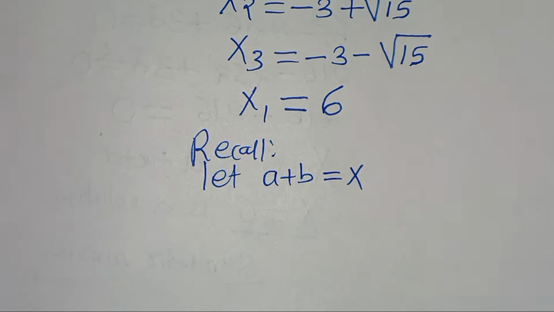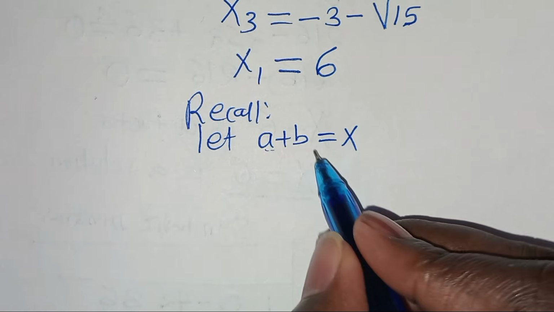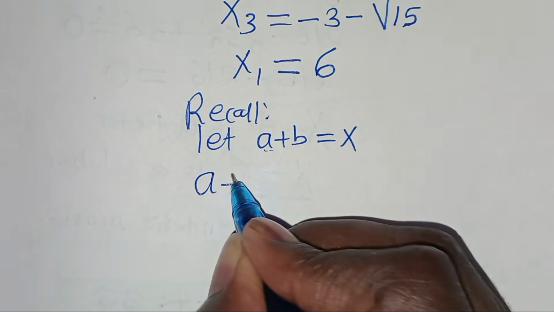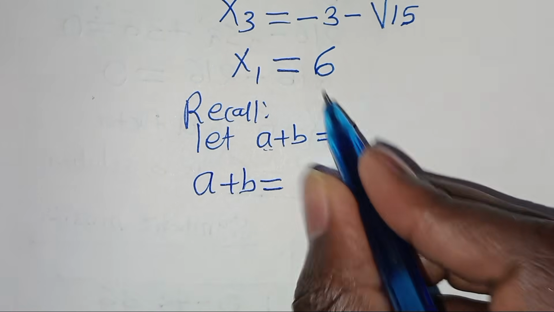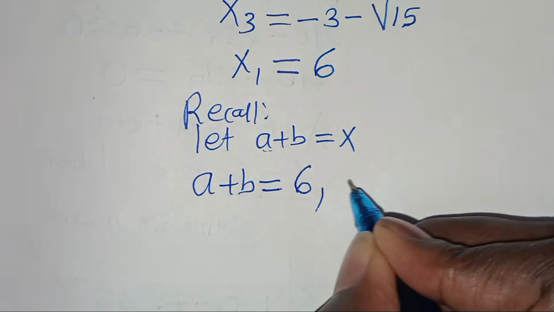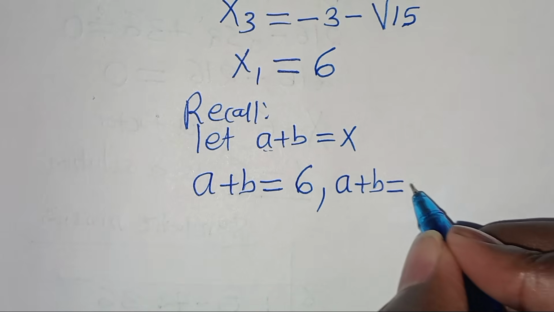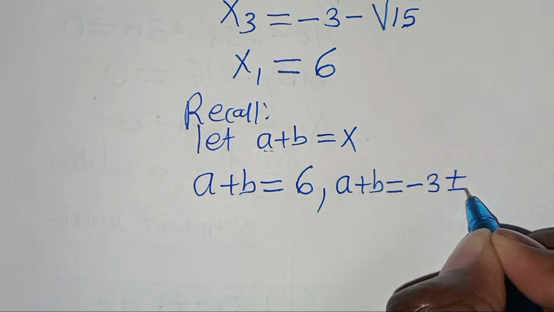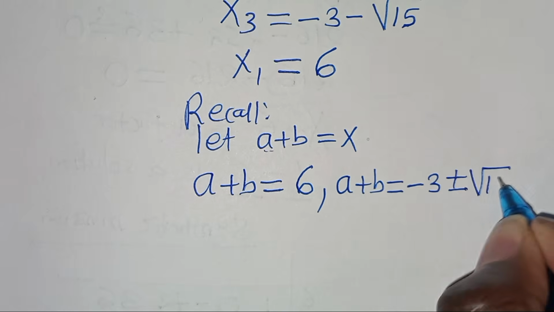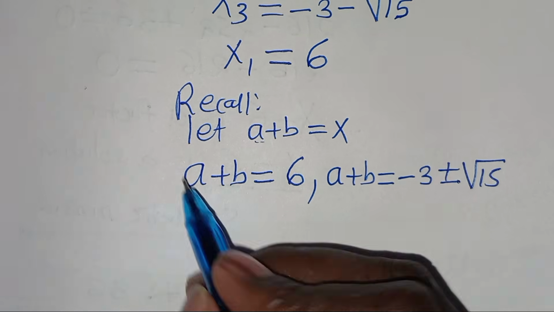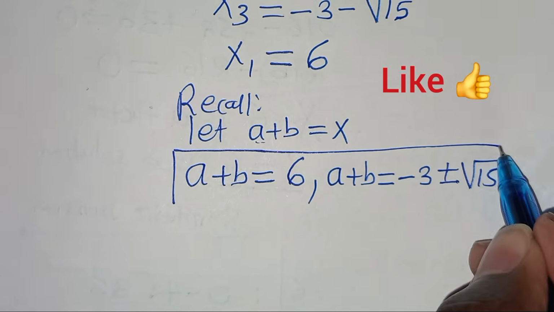So this means that a plus b is equal to 6, or a plus b is equal to minus 3 plus or minus the square root of 15. And this is the solution to this algebra problem.